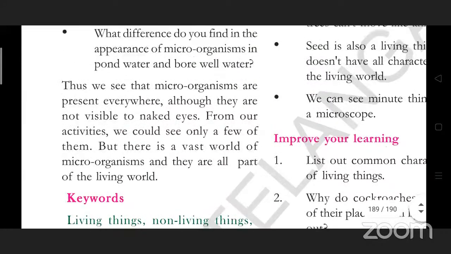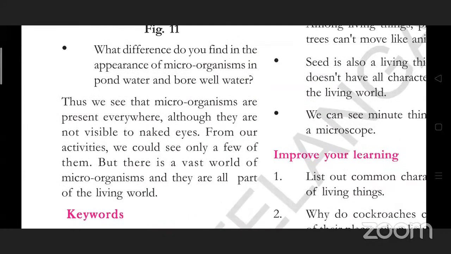Children, concentrate here. Where are microorganisms present? Microorganisms are everywhere. Wherever you go, wherever you observe, microorganisms are there. All microorganisms are not visible to us; it is not possible to see them with the naked eye, we can't see them directly.